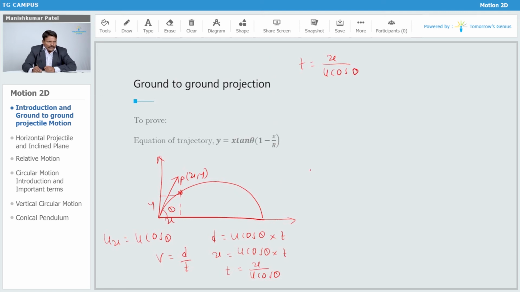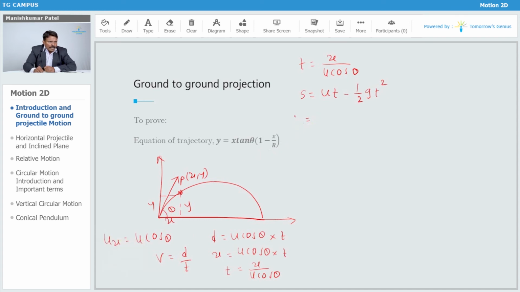Then s is equal to ut minus half g t square. Now we have to apply this for the vertical component. What is the distance traveled at the same time in the vertical direction? Instead of s, let's say it is y now.